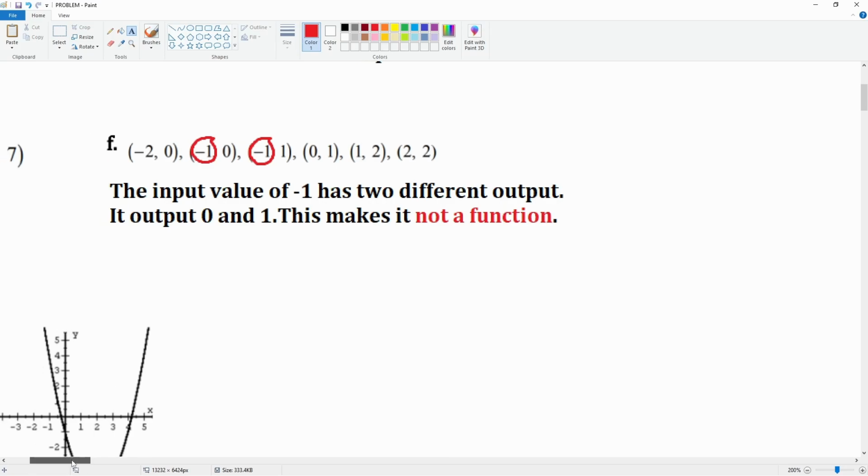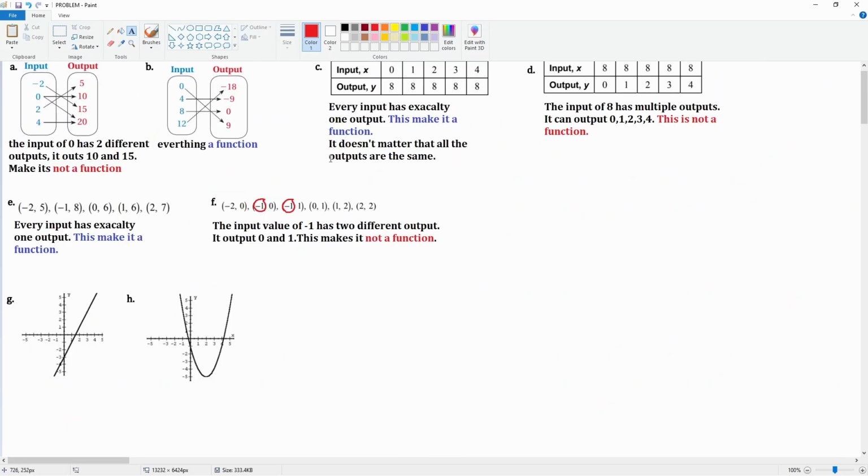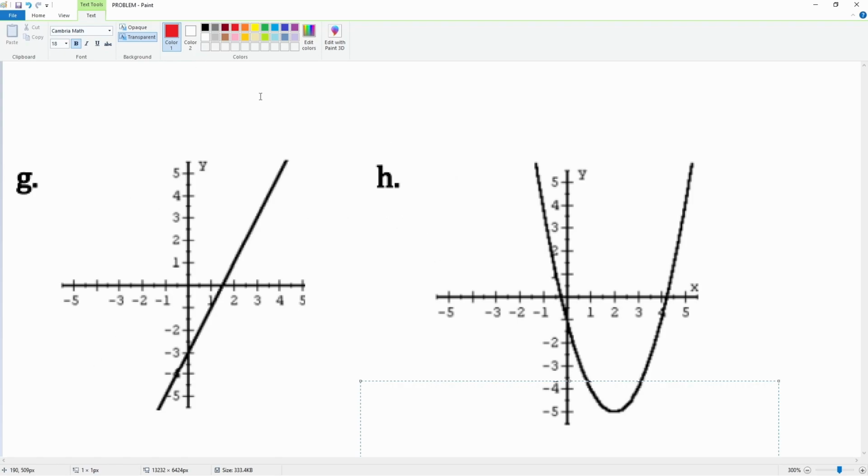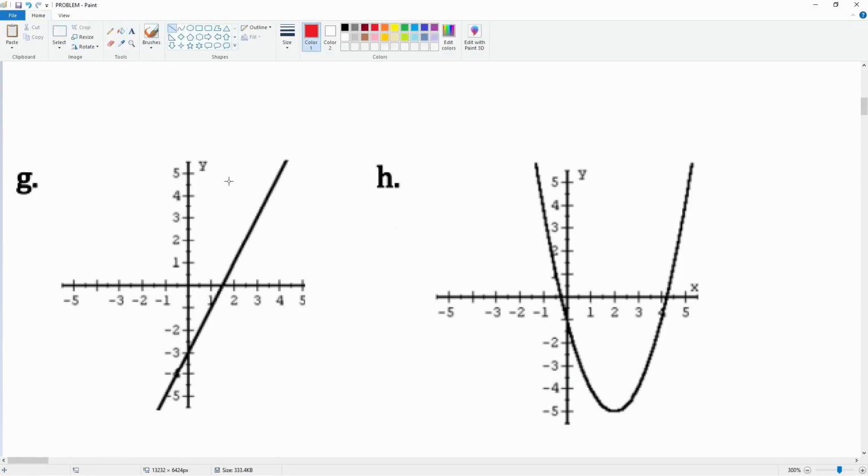This is the verbal description of a function and not a function. To see it better, you can also just graph it and draw something called a vertical line. Notice here, it passes through one point.